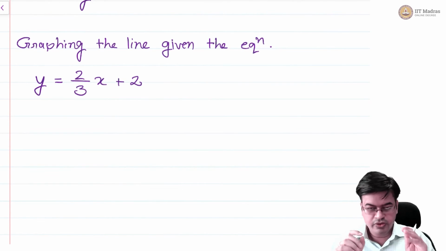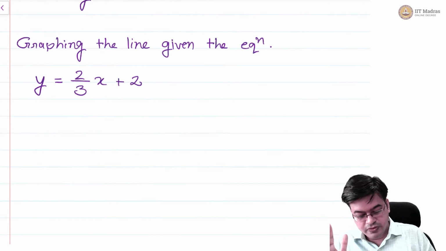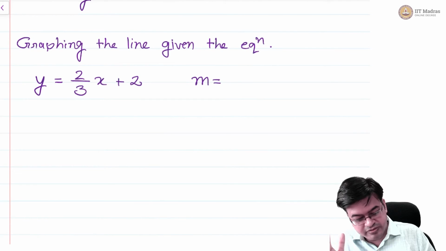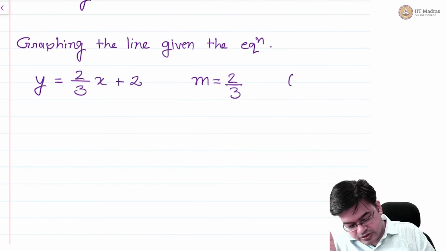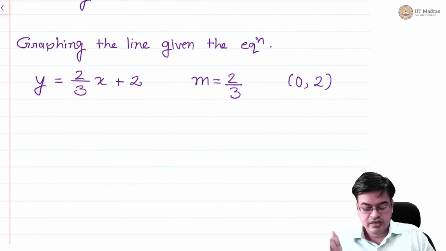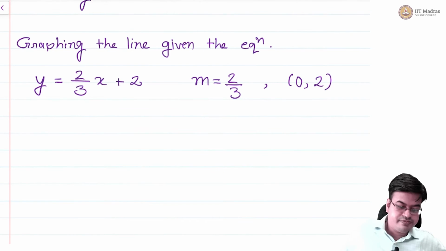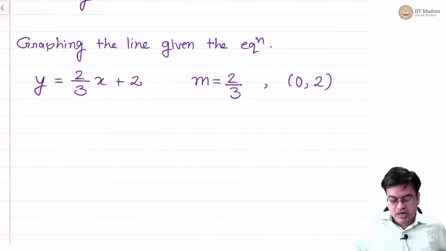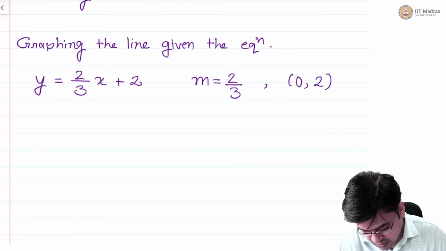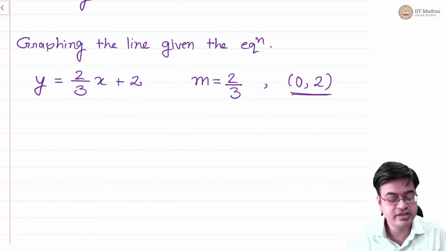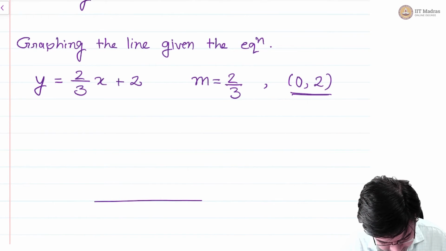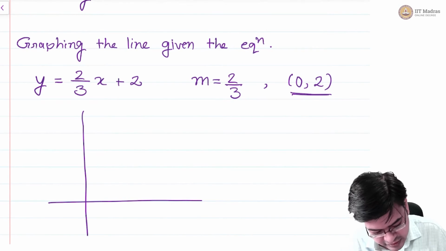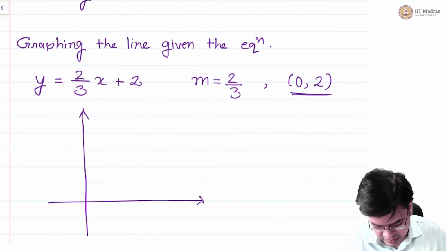It is revealing two facets of information. First, m is equal to 2 by 3, and you have also been given the y-intercept, which is 0, 2. So this is slope-intercept form, correct? Now you know that the line passes through point 0 comma 2. How will you use this information to your advantage, along with the information about the slope of the line?